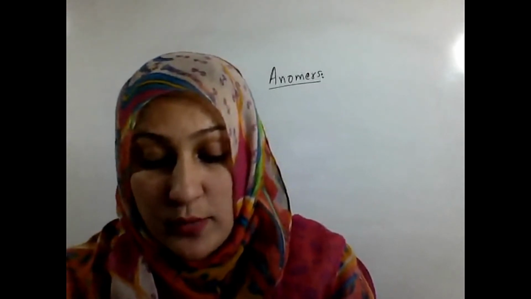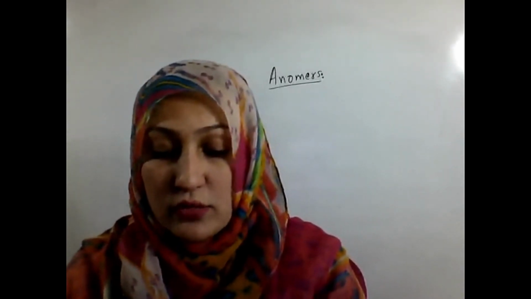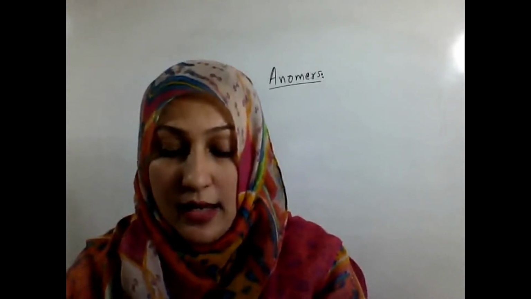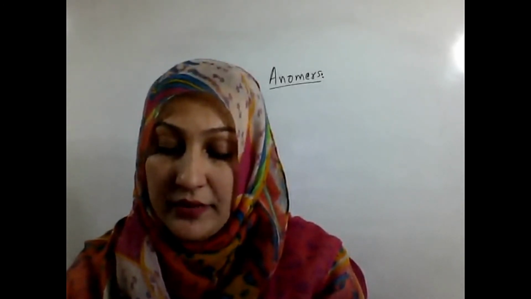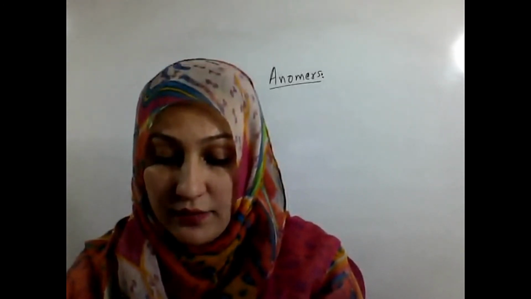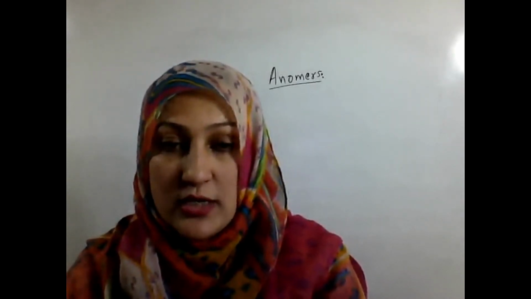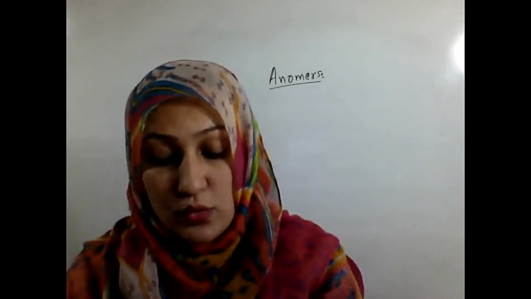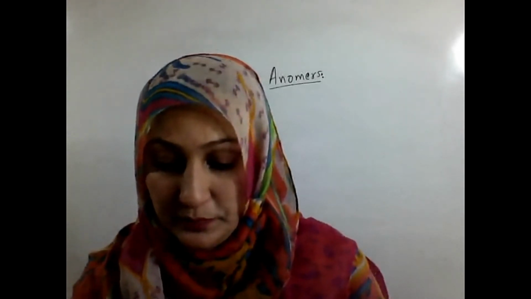Depending upon the anomeric carbon atom in the molecule, when the OH group extends to the right, it is called the alpha form, and when it extends to the left side, it is called the beta form. In case of glucose, two molecules are formed, alpha D glucose and beta D glucose. They are both anomers of each other.